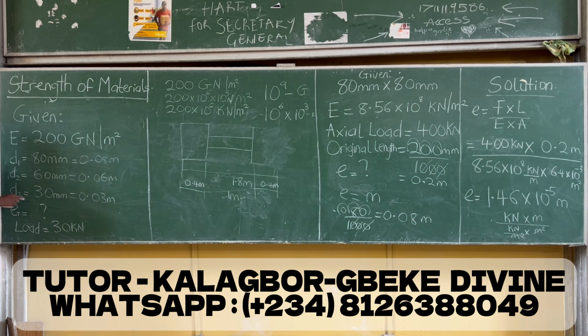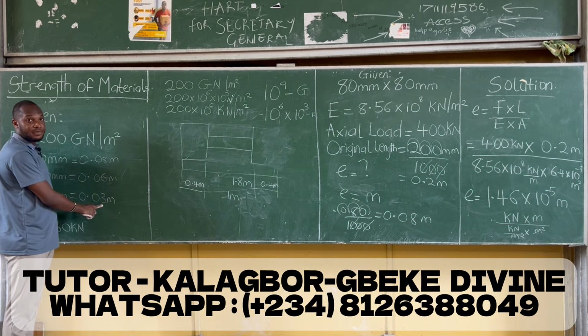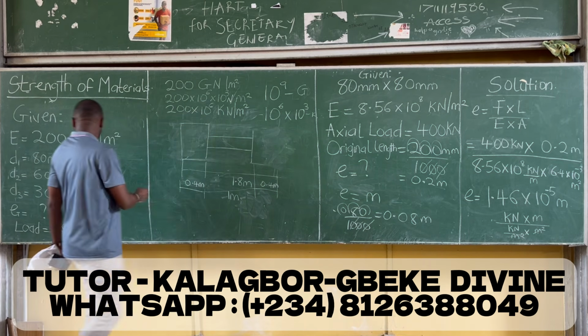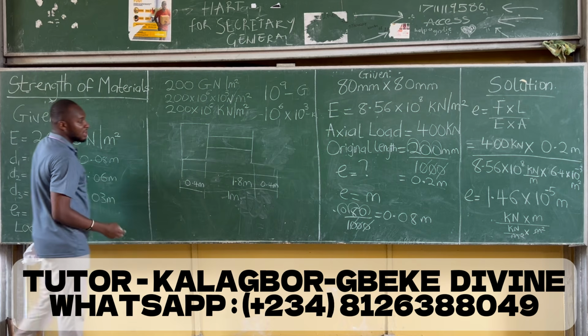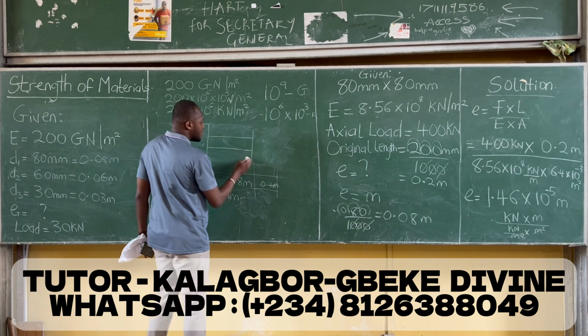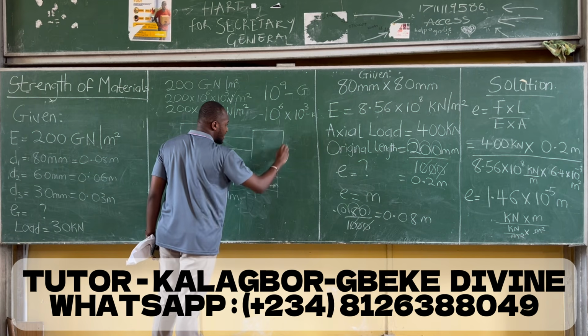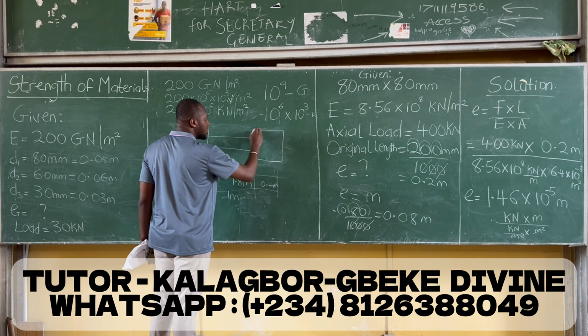This is our D3. That's the center one. 0.3, right? Then the last one, they say something like 0.06. So it should be smaller than this one, but bigger than this one. So it will be something like this. This is how our diagram will be. I want you to just picture it out.